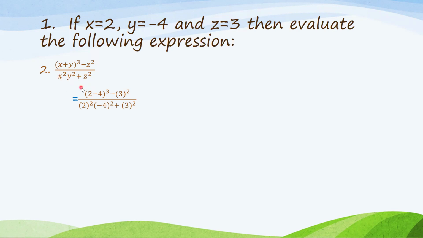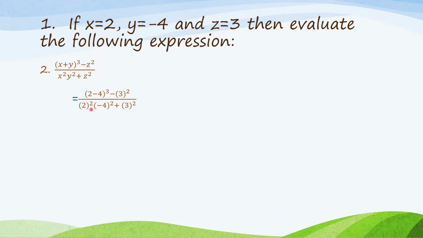After putting the value -4, plus and minus, in the question the plus sign is there, so the sign becomes -4 within the round bracket, and there is a cube, because in the question there is a cube. Minus z square, the value of z is 3. So we get 3 square.